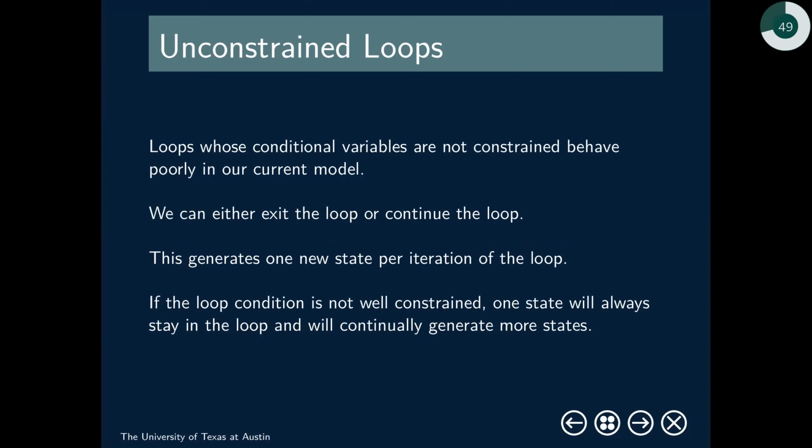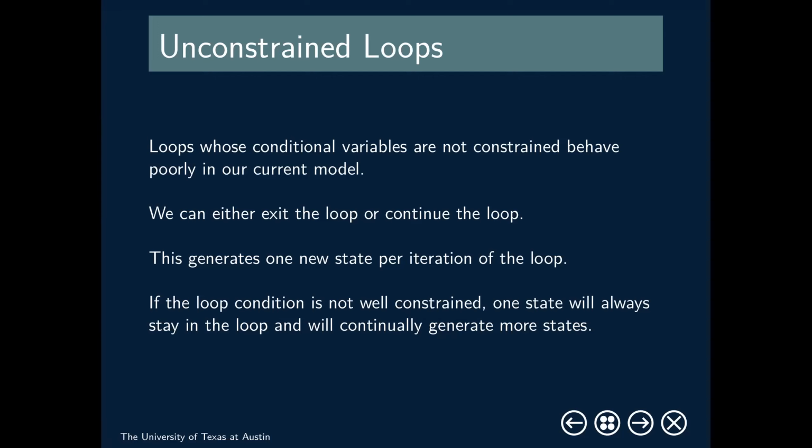So another problem that we run into is with unconstrained loops. If we have loops whose conditional variables are not constrained, they slow down our model a ton. We run into this problem because at any point we can either exit the loop or continue the loop.